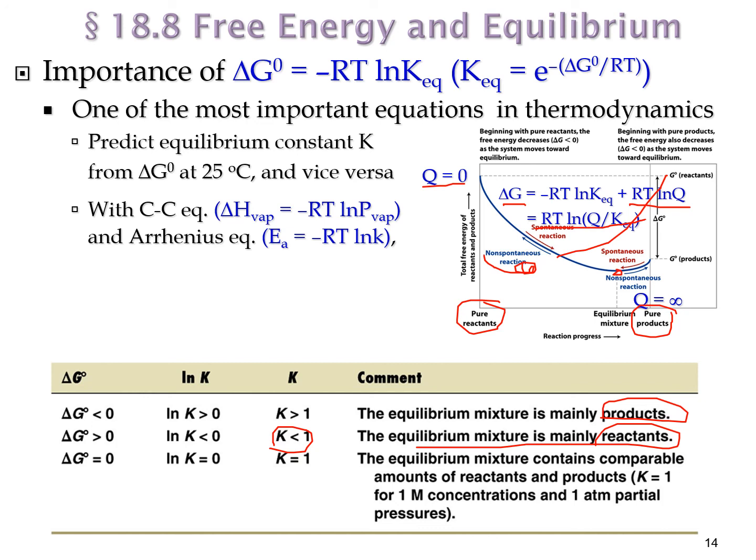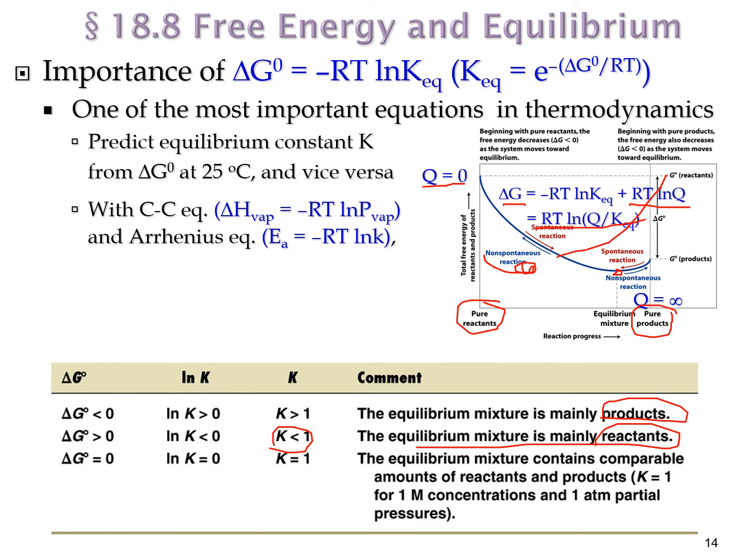I want you guys to understand and memorize this equation, because this is the equation of all equations. We can derive delta G0 from this equation, and we can calculate KEQ from this equation, and later on we're going to see the same equation again in chapter 19 when we talk about electrochemistry.